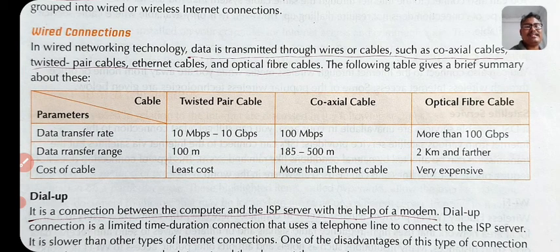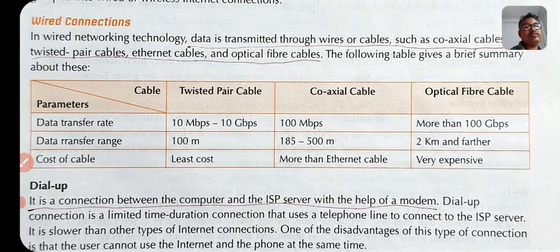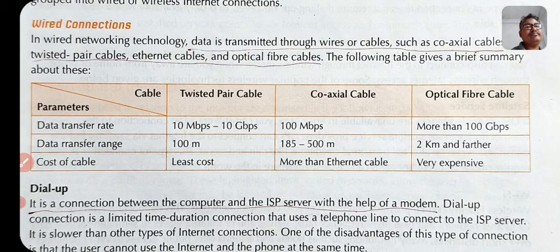Next is coaxial cable: the data transfer rate is 100 Mbps, and the range is 185 meters to 500 meters, more than Ethernet cable. That means it is costlier than the Ethernet cable.